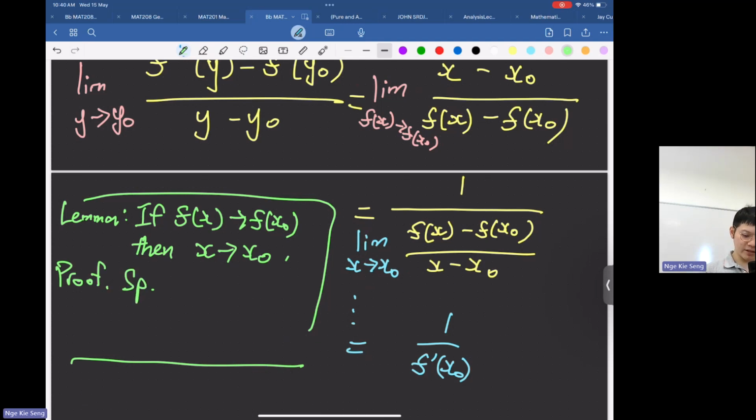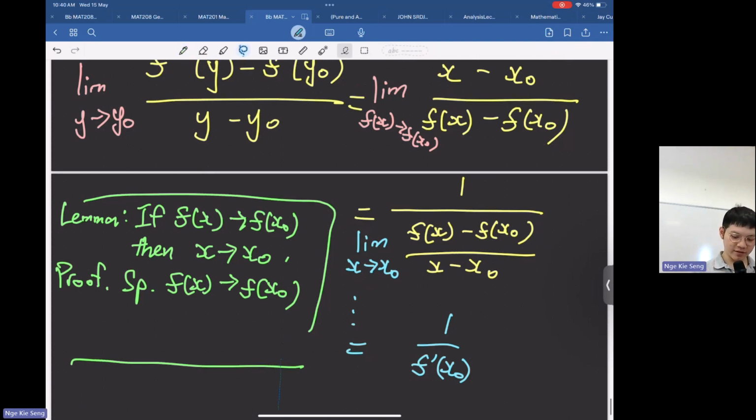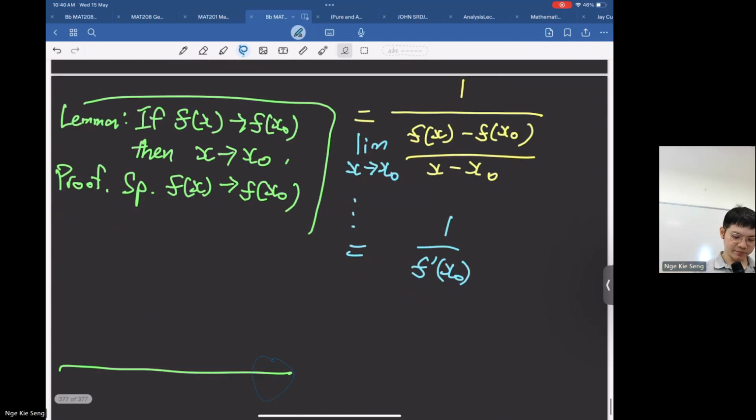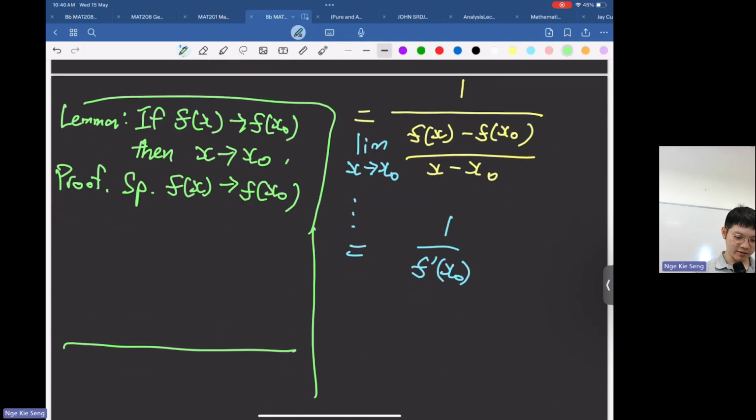So suppose f(x) converges to f(x naught). What does this mean here? Do we want to use sequences to talk about it? Let's use sequences and do it in pretty good detail.